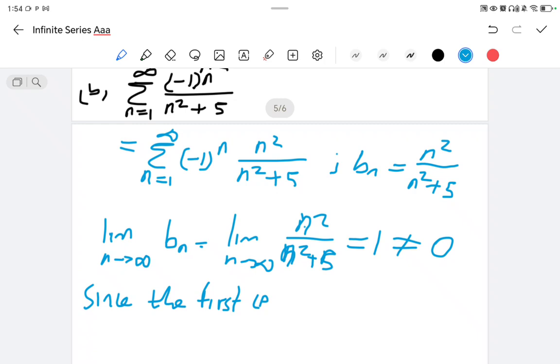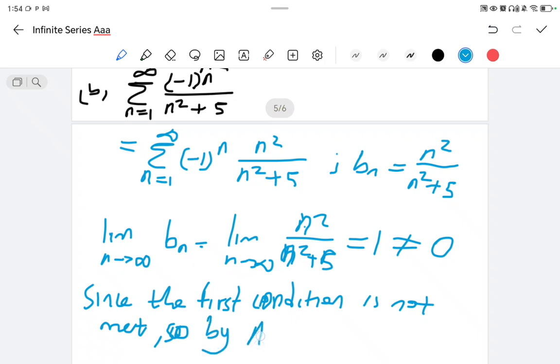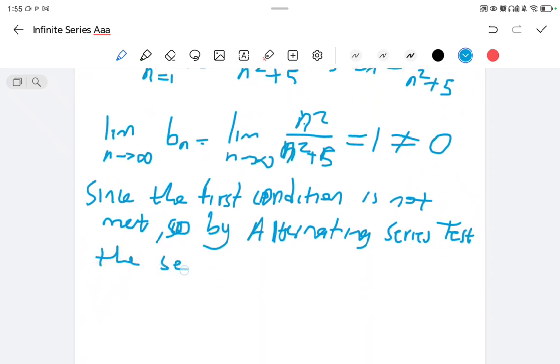Yeah. So since the first condition is not met, we can say that by alternating series, the series diverges.